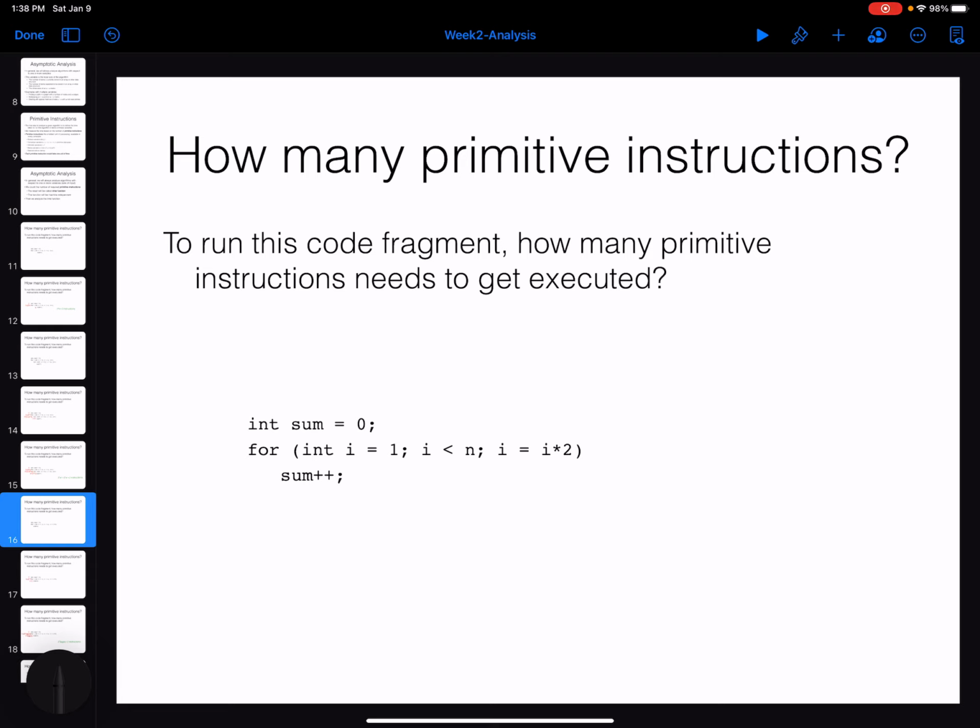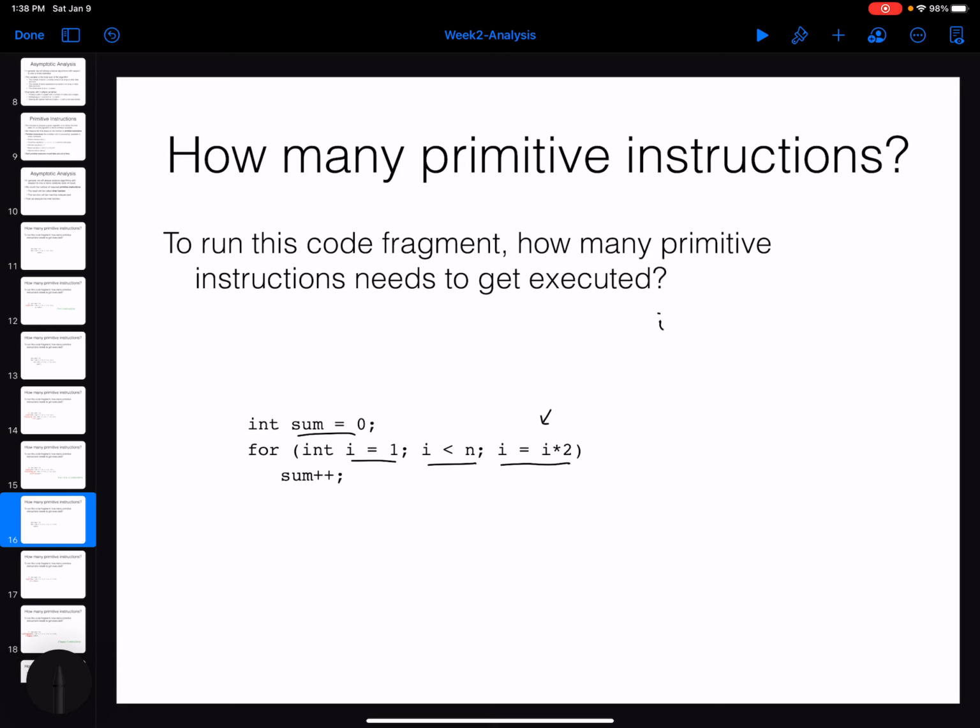Again, here I have a loop. I have one initialization here, so one instruction there. And then I have, okay, one initialization here. You are comparing i to n, but be careful. This time, the way that I'm changing the iterator is not just incrementing it by 1. I am increasing i kind of exponentially, because I multiply it by 2 each time.